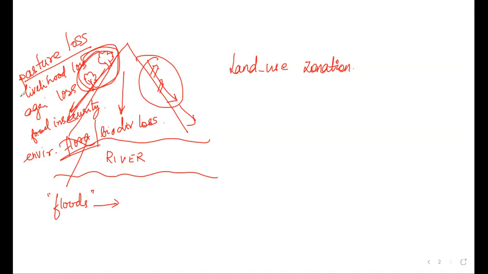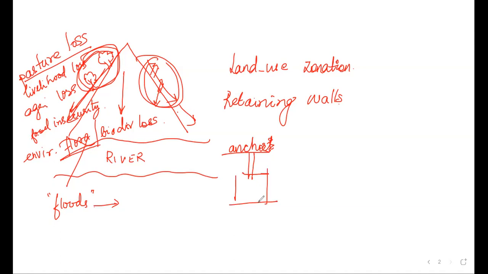You have to construct what are called retaining walls. What they do is, if they know that this area is unstable, and if there is a house being constructed, they will have an underground construction which is very, very strong, so that it will anchor that particular building to the ground very strongly, so that it acts as a resistance.